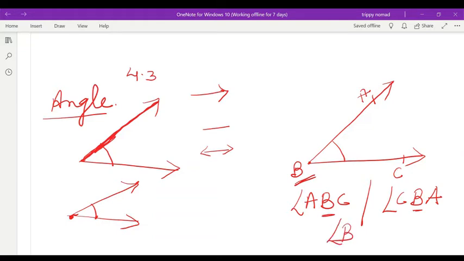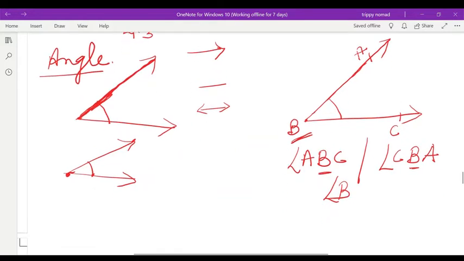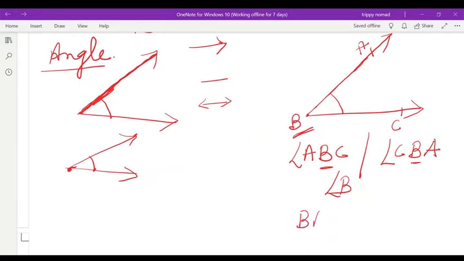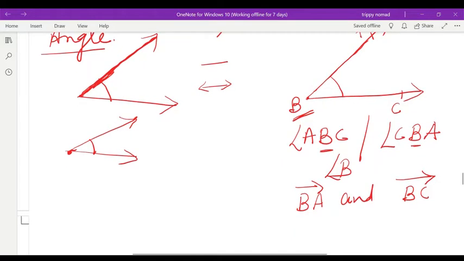The two rays forming an angle, which two rays? Here, BA, and another one, BC. What are these called?